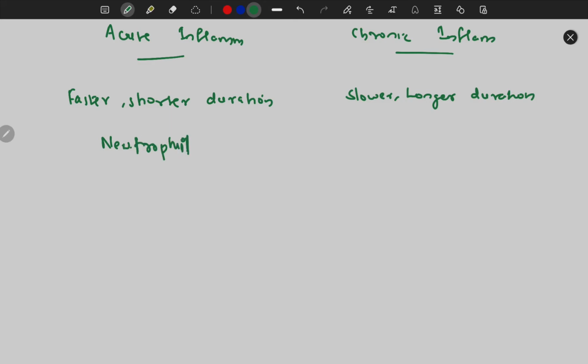The principal cells of chronic inflammation are monocyte, macrophage, and lymphocyte.